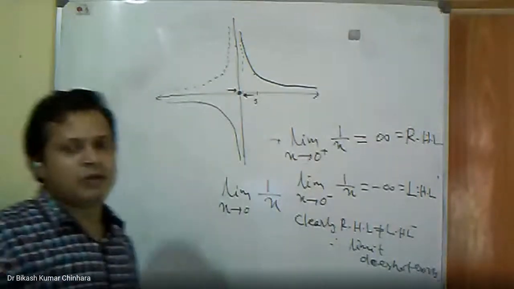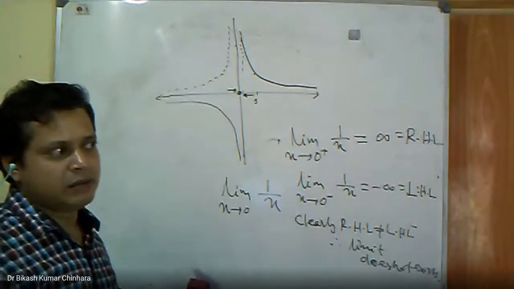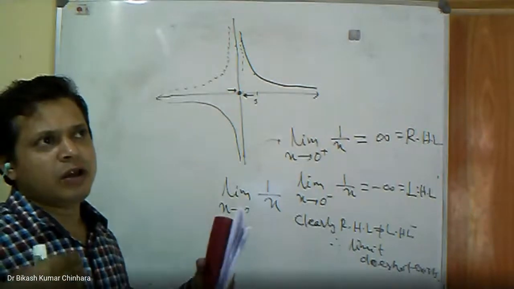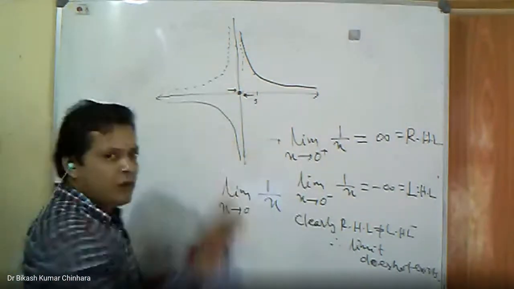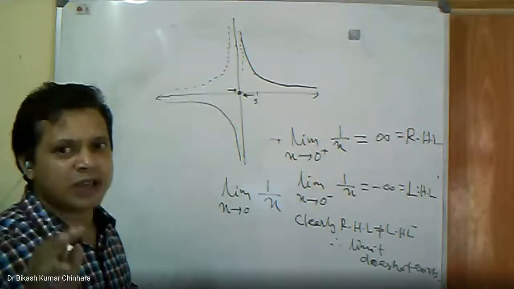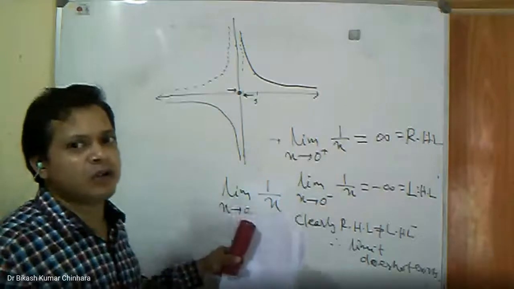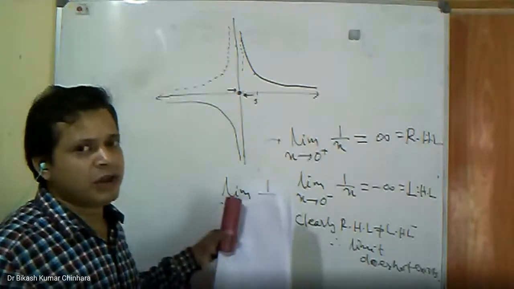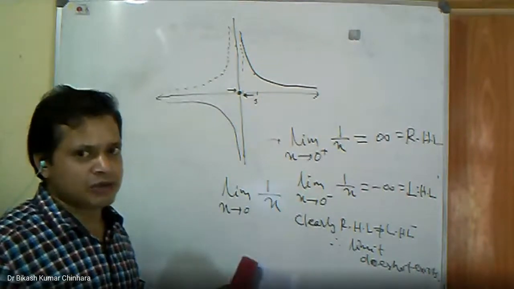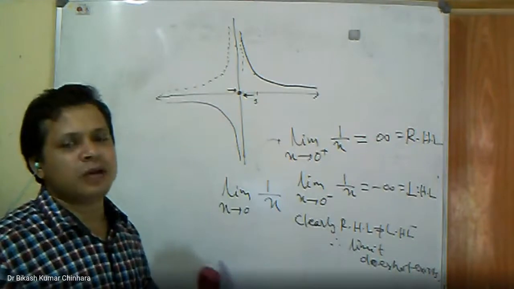Generally, if the LHL and RHL are equal, then the limit exists. We can say that the limit exists in some sense. It should be a finite quantity, but here it is becoming an infinite quantity. But as LHL and RHL are both the same, I can say that the limit exists, but its value is infinite.